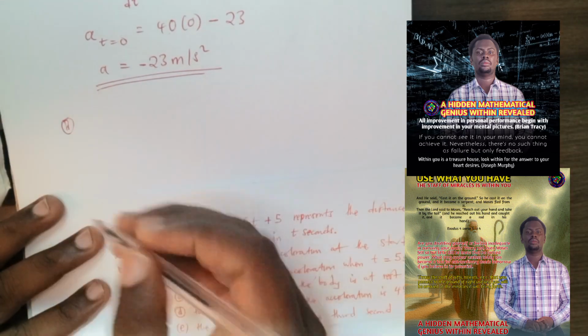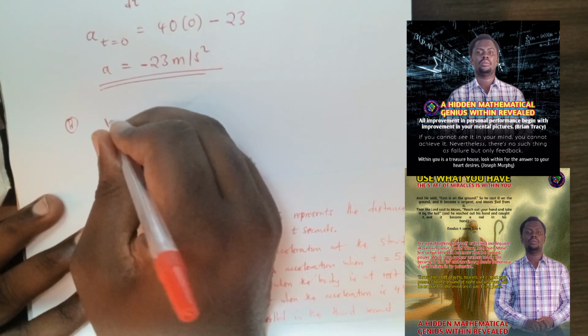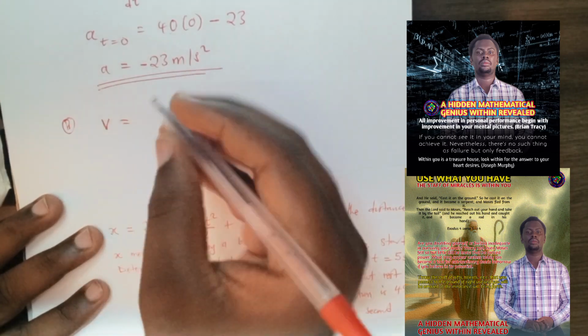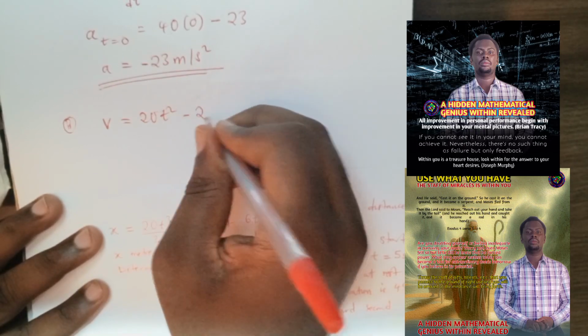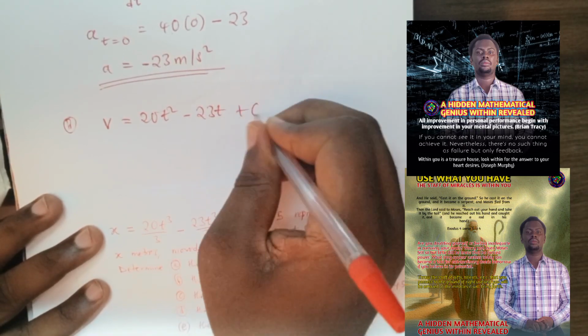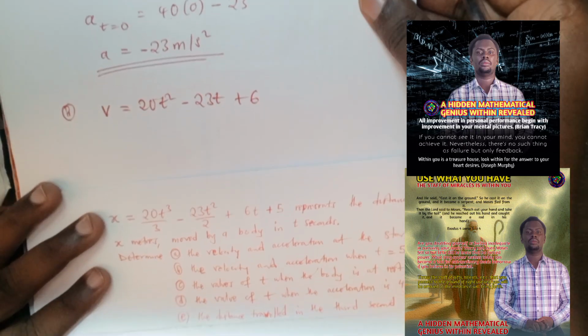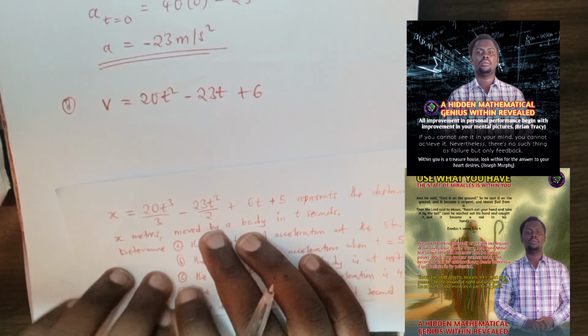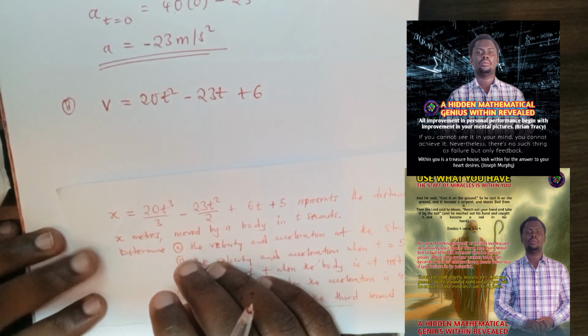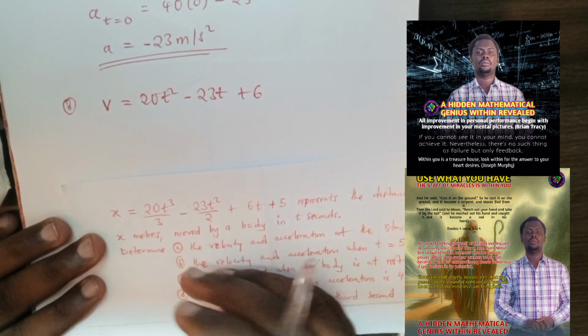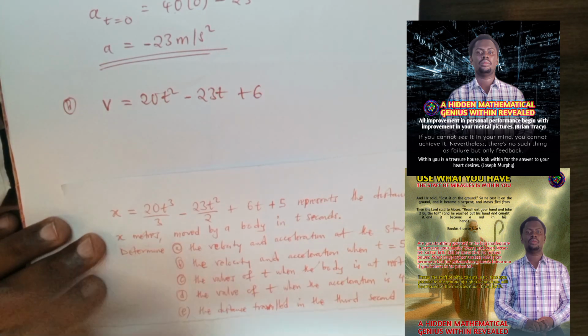That's B. The velocity function was calculated as v is equal to 20t squared minus 23t plus 6. We want to calculate velocity when t is equal to 5 seconds, meaning where there is t, you just put a 5.